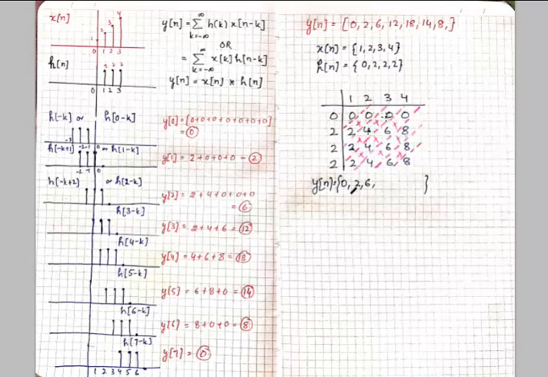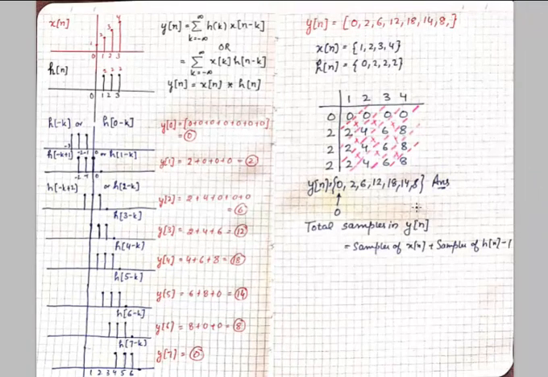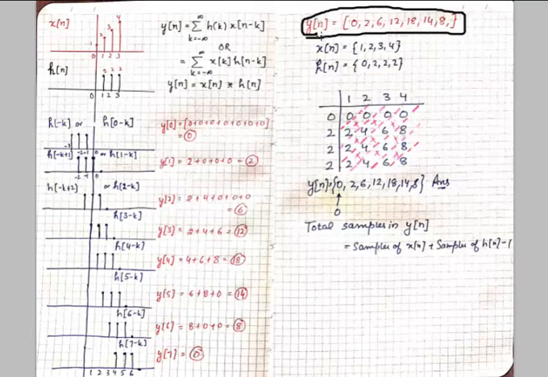See, 2 plus 4 plus 0 is 6, then 2 plus 4 is 6, 6 plus 6 is 12, and then 4 plus 6 is 10, 10 plus 8 is 18, and so on. So you can easily calculate the values of y of n, which is similar to the value that we calculated using the convolution theorem's formula. So this is a shortcut method.